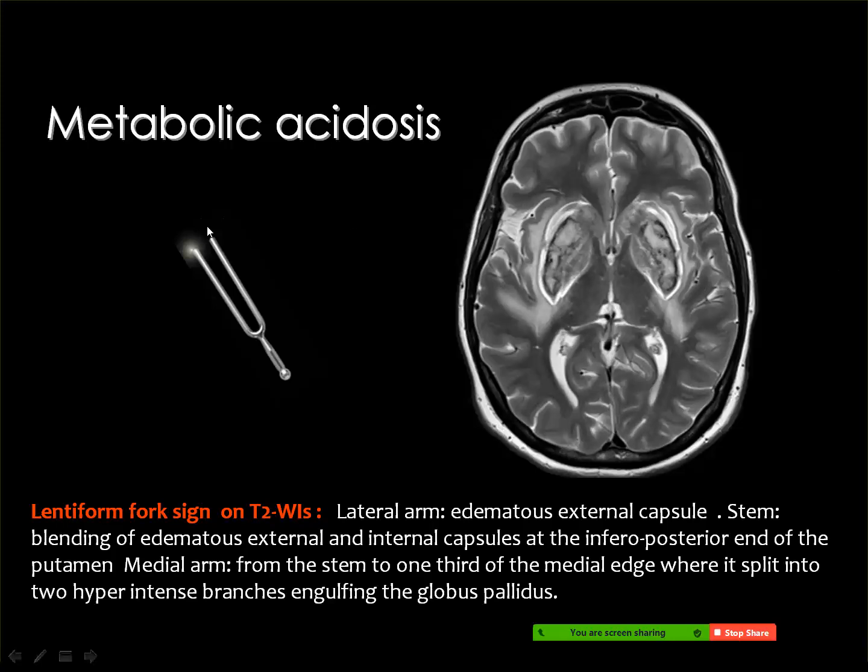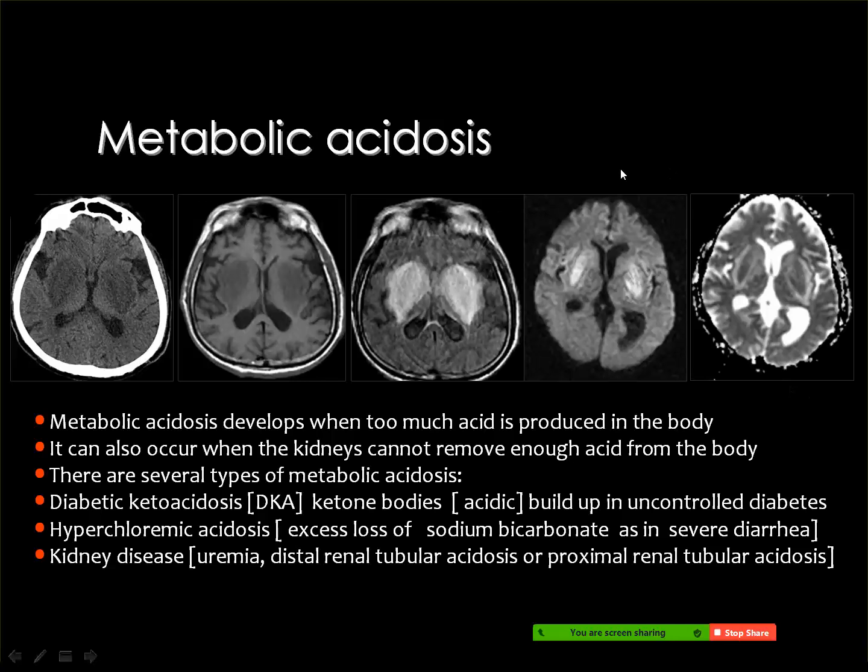This is almost diagnostic of metabolic acidosis. And this is another example of the classic appearance. According to the underlying cause, some of these lesions will show diffusion restriction, as you can see here, and others will not.